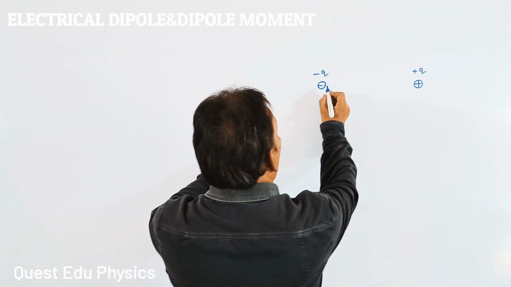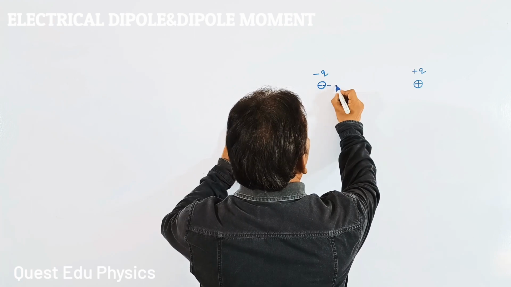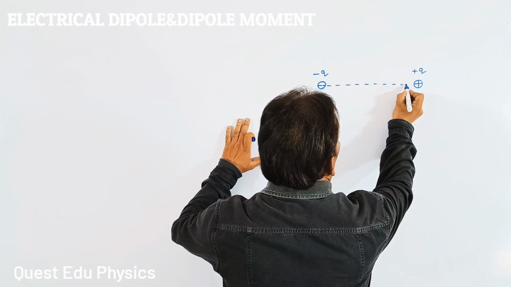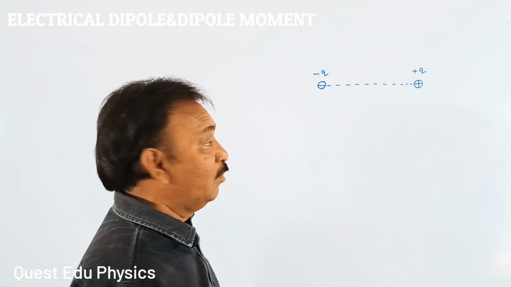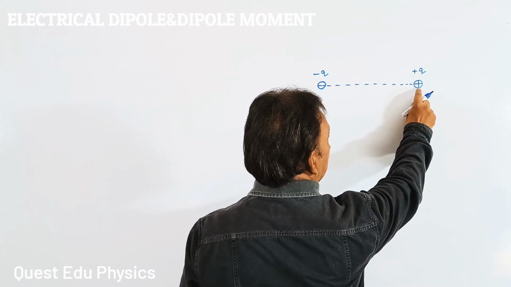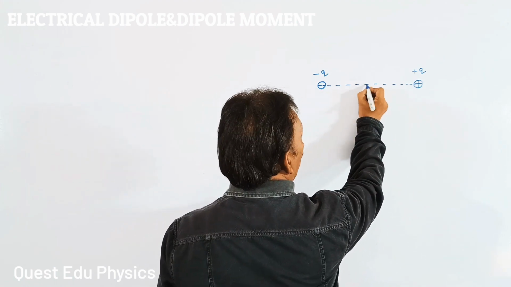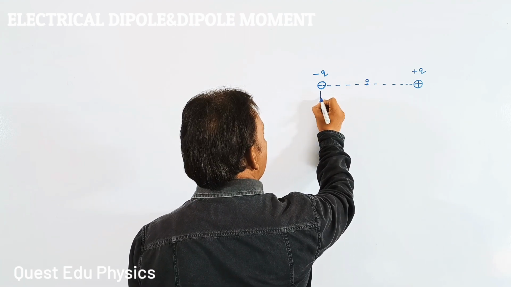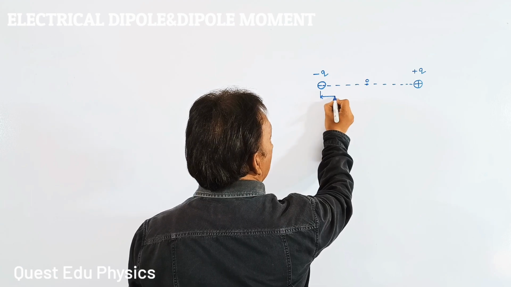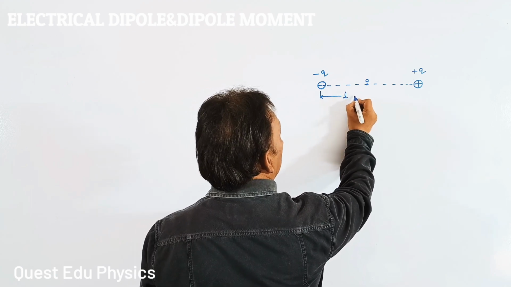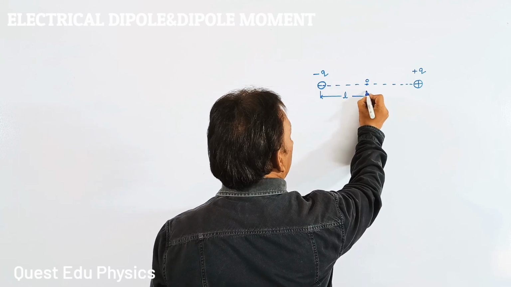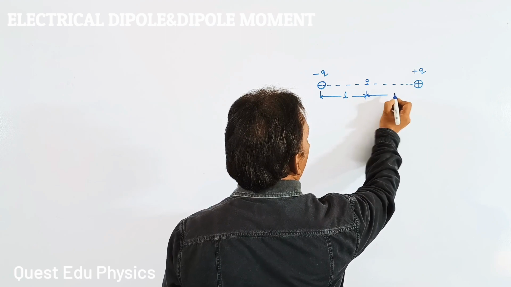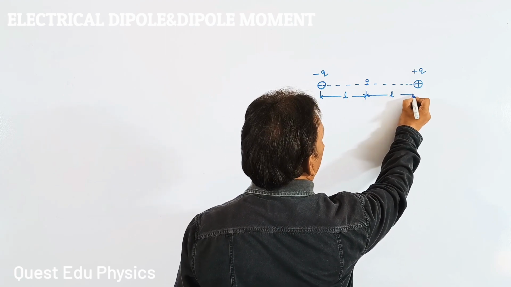That means I'm joining the centers of the charges, and it is a fixed distance between the centers. Let's locate a point here. I'm calling it O. And say the distance between the center and the negative charge is L, and this one is L again.